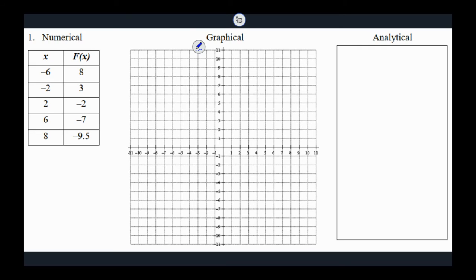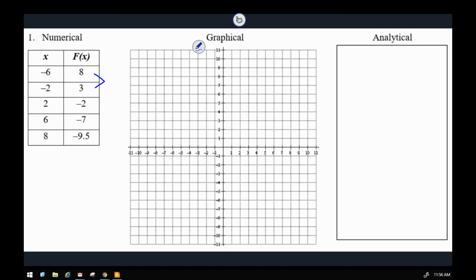So I'm just gonna pick the first 2 points. What's my change in y? -5. We're subtracting 5 to get from 8 to 3. So what's my change in x? +4.